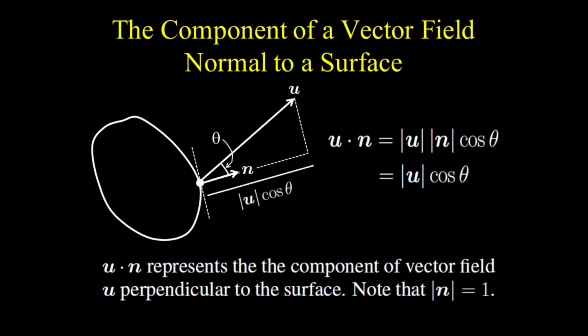If theta equals 0 degrees, U is parallel to n, which means that the vector field is perpendicular to the surface, and U dot n is equal to the magnitude of U. So in this case, the component of U perpendicular to the surface is the entire length of U, and not just a component. Here we illustrate the projection of U onto the direction of n.